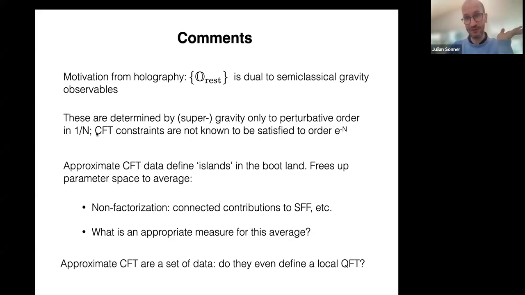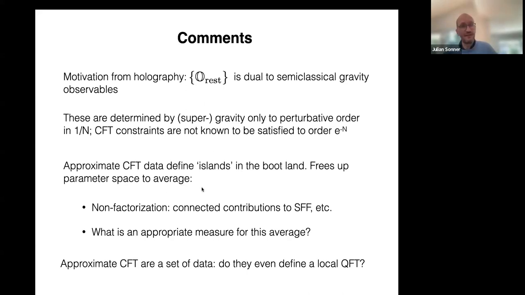The parameter epsilon will then be something like e to the minus N. And CFT constraints are therefore not known to be satisfied to a precision of order e to the minus N. So when we say crossing is satisfied from a supergravity calculation, we have actually not assured ourselves that it's satisfied to non-perturbative accuracy. And so we cannot actually say it's only approximately equal to 0 in that sense.